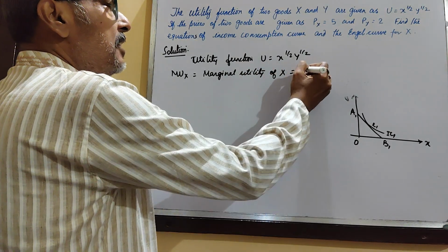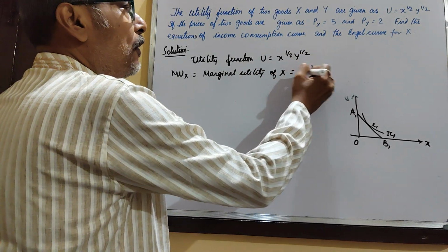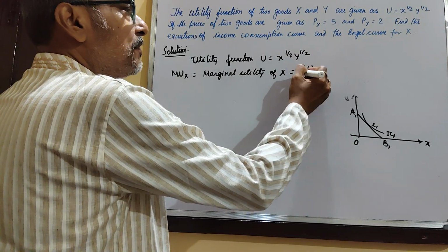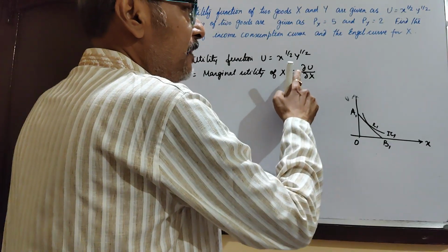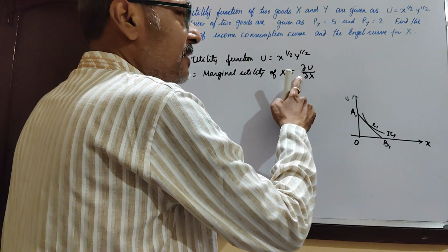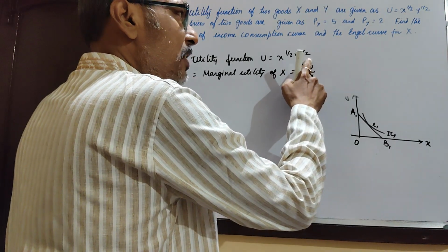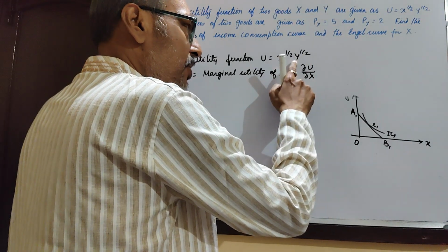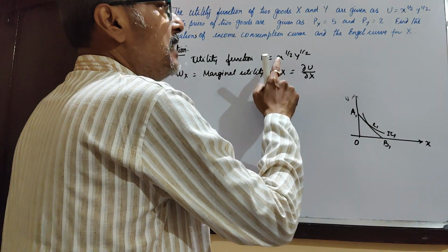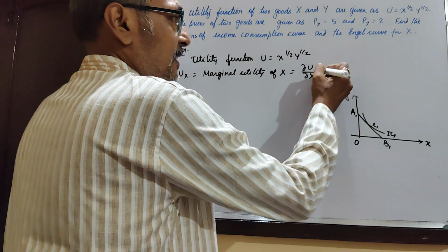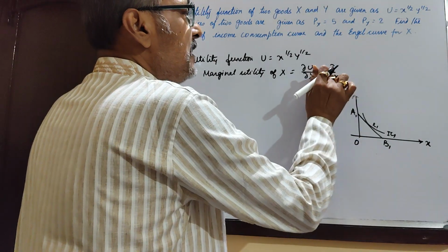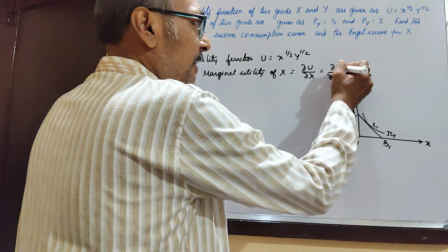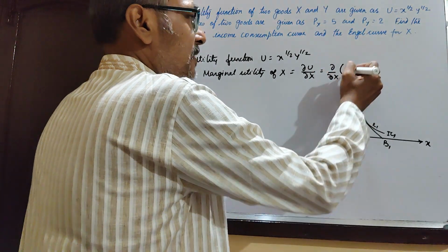This is the partial derivative of u with respect to x. What is the partial derivative of u with respect to x? That is, we differentiate u with respect to x, keeping y constant. That is del by del x. We are using the sign del. That is the partial differentiation.